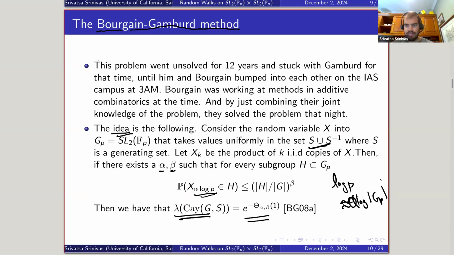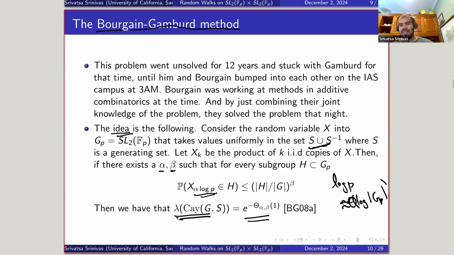I guess I had to put a theta over there. So if I run this random walk for log of the size of the group many steps, then I would escape every subgroup with this exponentially small factor over here, which is 1 over the index of that subgroup to some power. So that's true if you had a spectral gap.